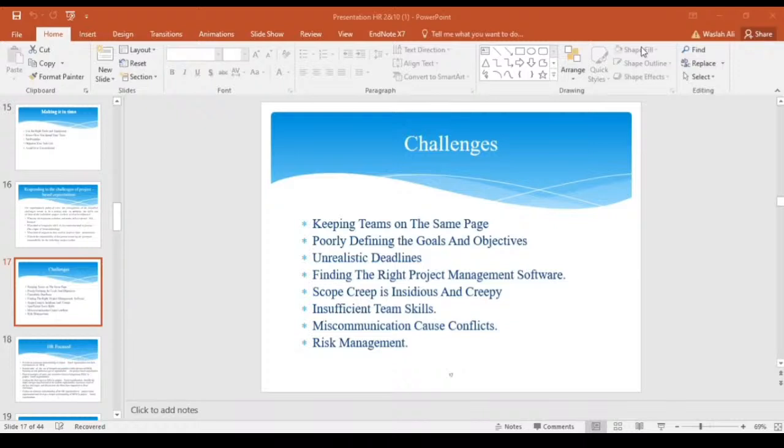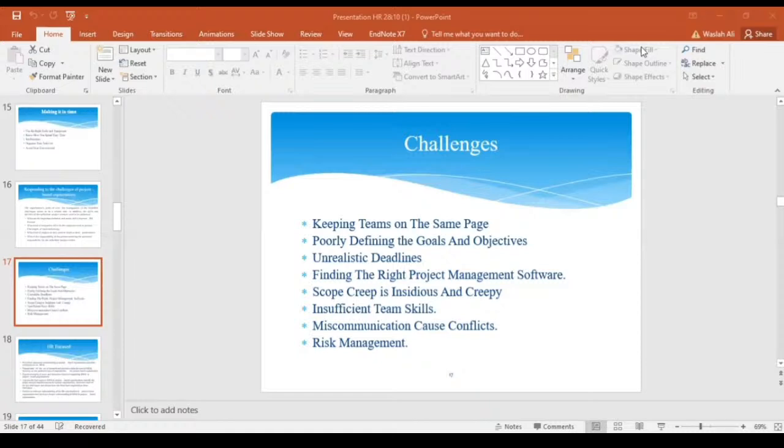The challenges include keeping the team on the same page. We must keep our team on the same page. We must assign each task to a specific person, and the tasks must be defined accordingly. Number two, poorly defined goals and objectives.